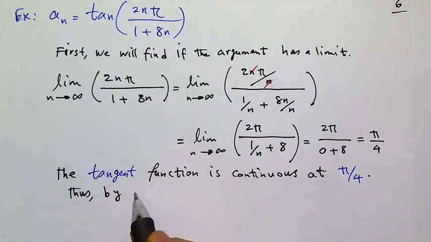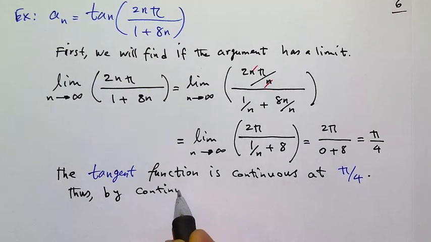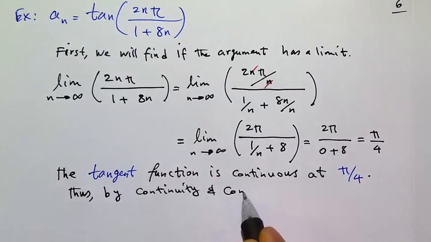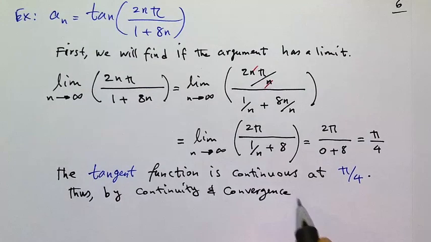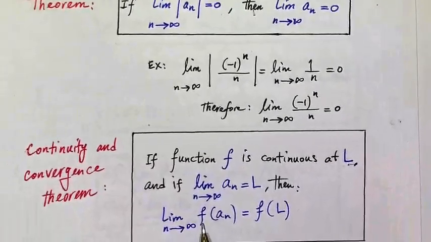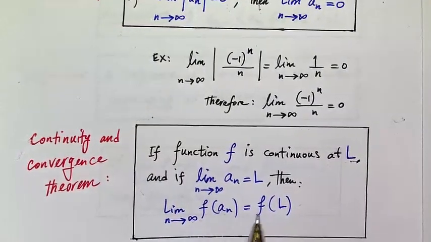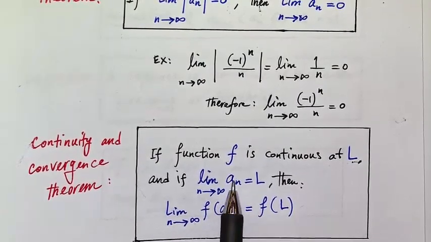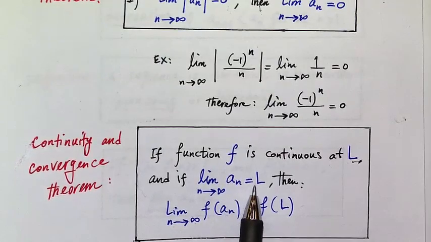So by the continuity, this was one of the theorems we had, the continuity and convergence theorem, on page 2. The limit of the function as n goes to infinity is equal to the function at that value. So the function and the sequence will have the same limit.